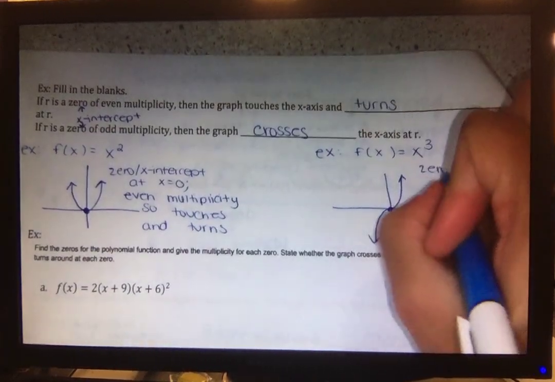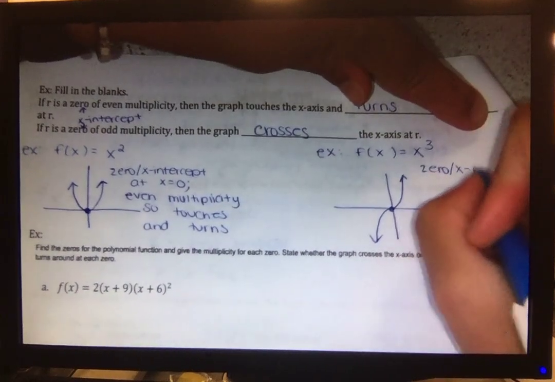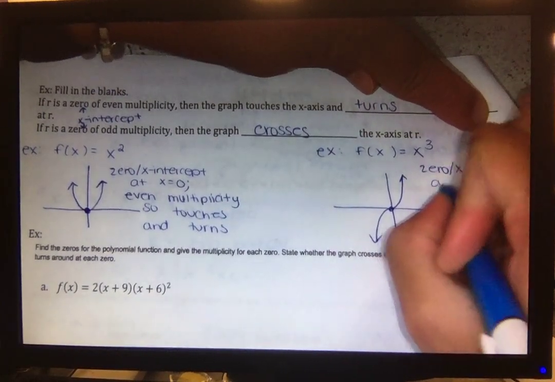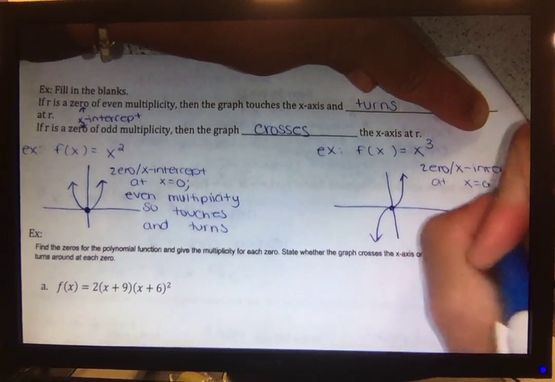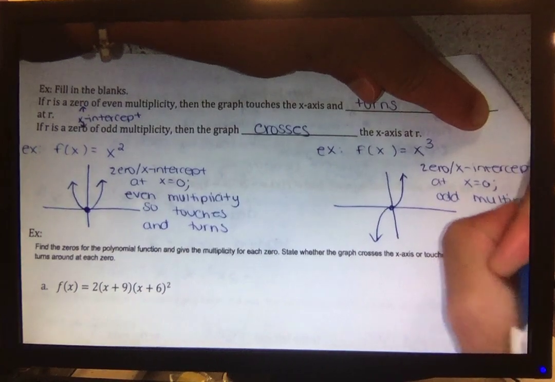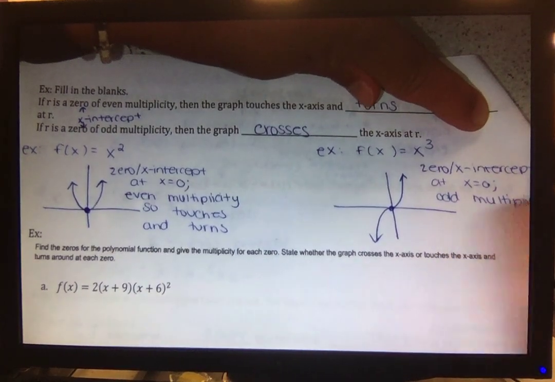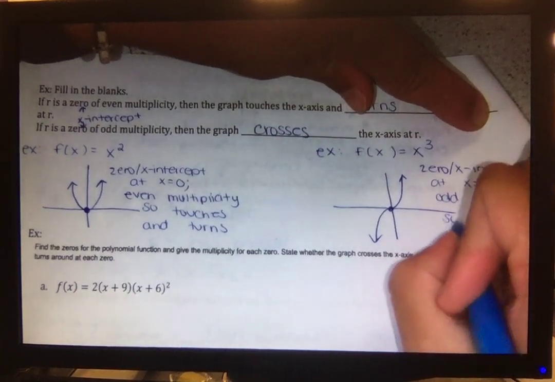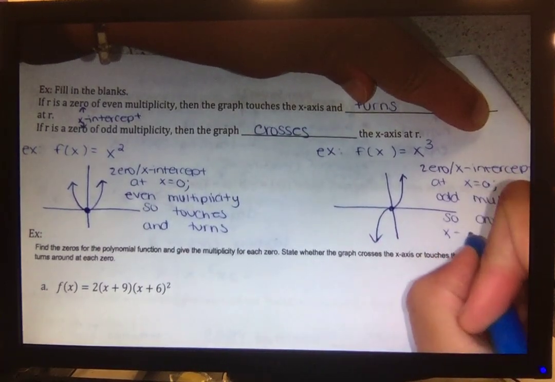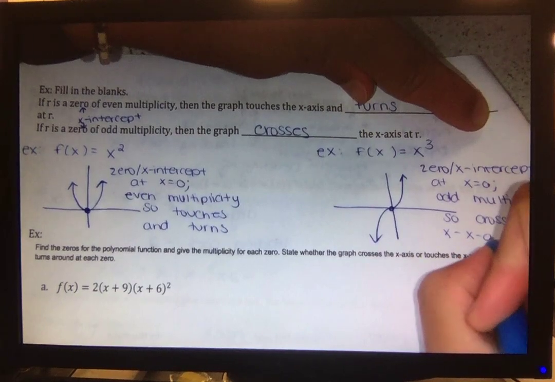My 0, my x-intercept, is at, again, x equals 0. There's odd multiplicity, so it crosses the x-axis.